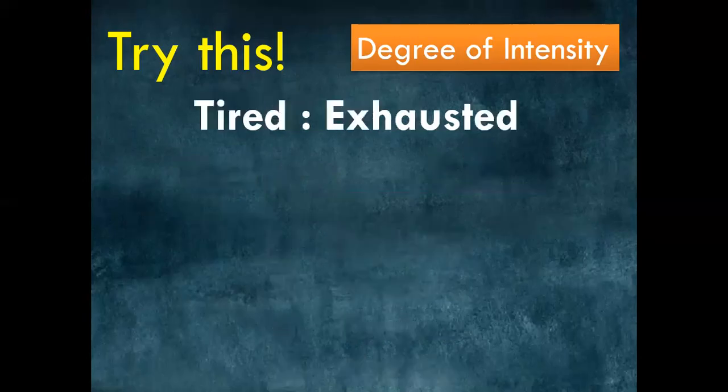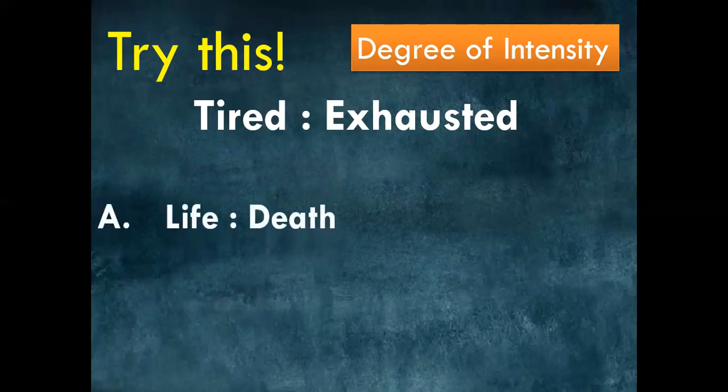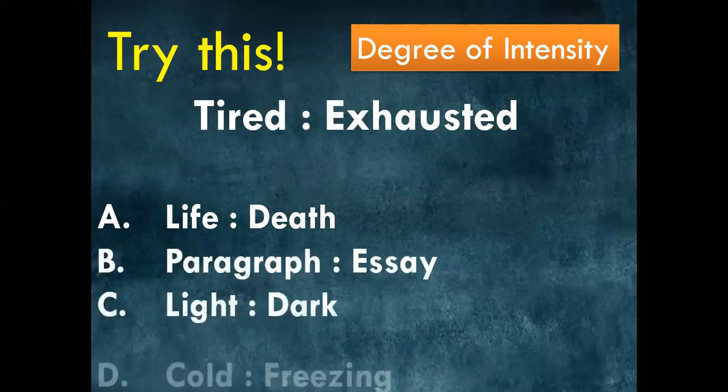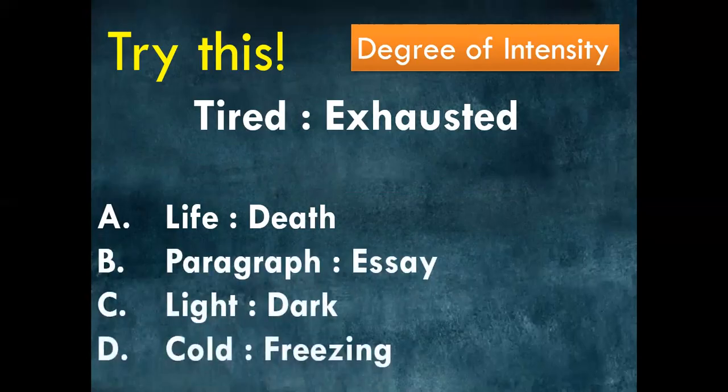Next, tired is to exhausted. Which analogy would also show a degree of intensity? Is it A, life is to death, B, paragraph is to essay, C, light is to dark, or D, cold is to freezing?